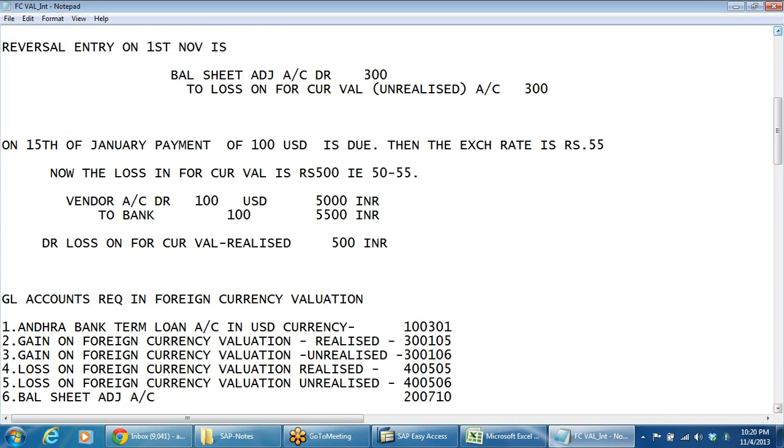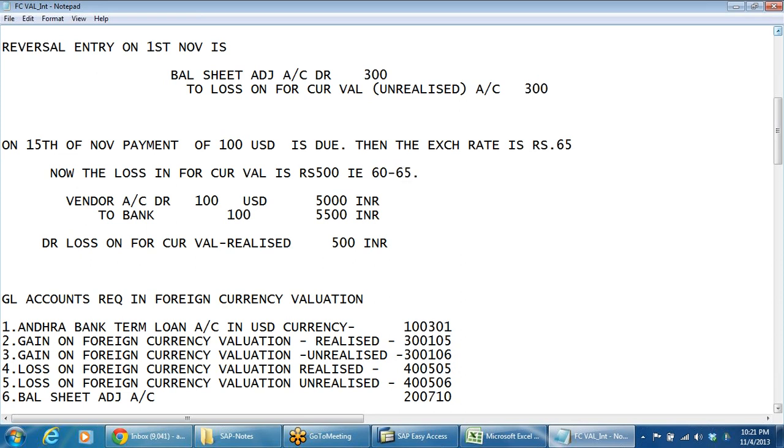Now on 15th of November, payment of 100 USD is due. Then the exchange rate is say 65 rupees. Right. On that date it is 65 rupees. Now the loss on foreign currency valuation is going to be 500. That is 60 minus 65.